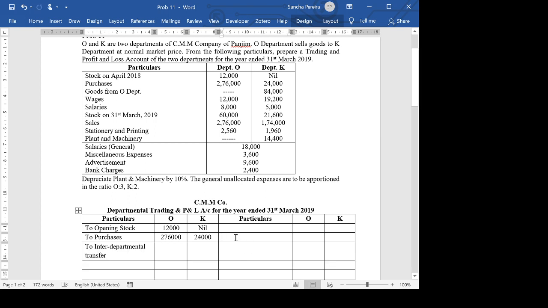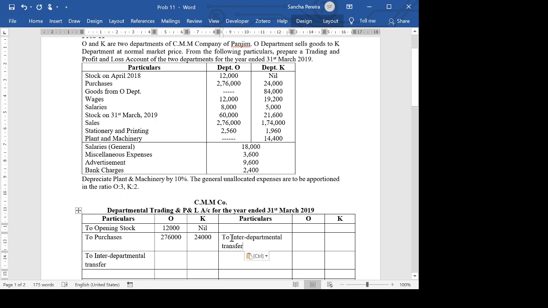Leave one line for sales and write that by interdepartmental transfer. So here it is goods from O department. So O is selling, so for O it is like sales, and for K it is like purchases.